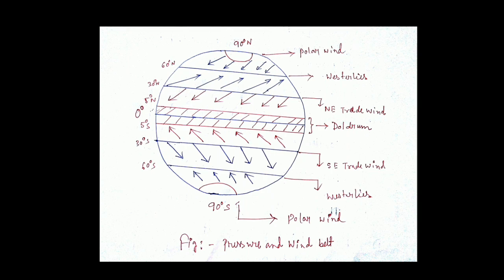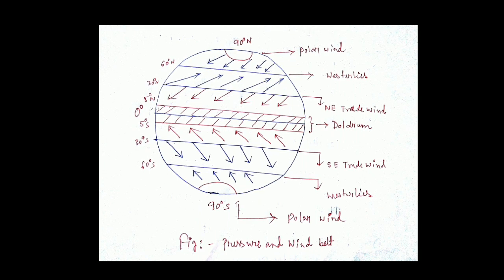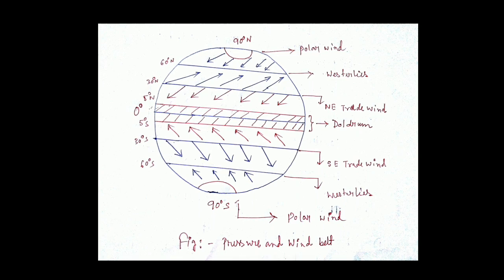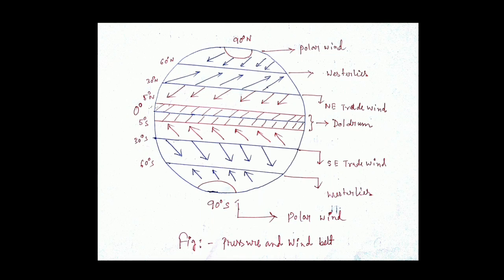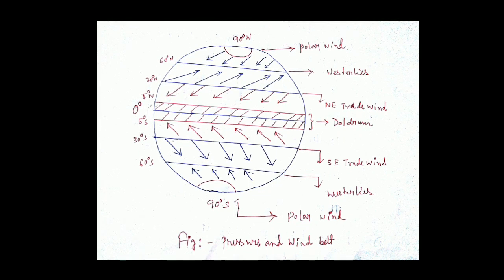Here you can see the diagram of world wind and pressure belt. These different winds are indicated by different arrow marks. The wind that comes from 90-degree north and 90-degree south latitude towards 60-degree north and south respectively is indicated by the blue arrow mark, and that is known as polar wind. You can see it in the diagram.